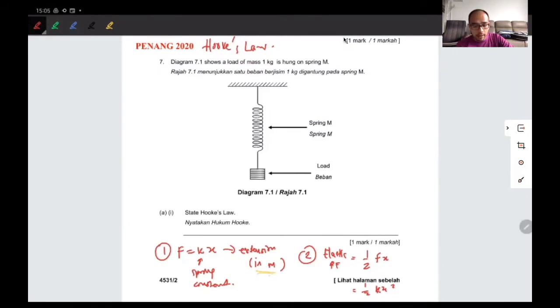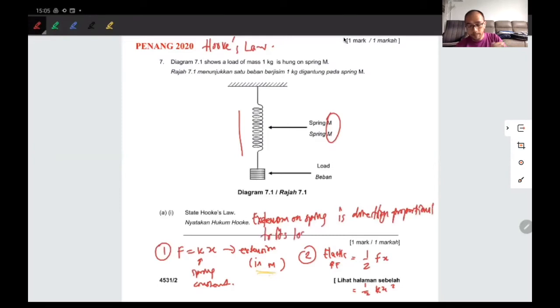So you have a load of mass 1 kg on one spring, spring M. Hooke's law states that the extension of a spring is directly proportional to its load.